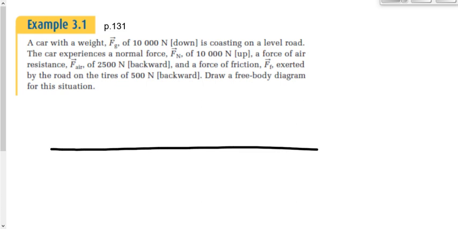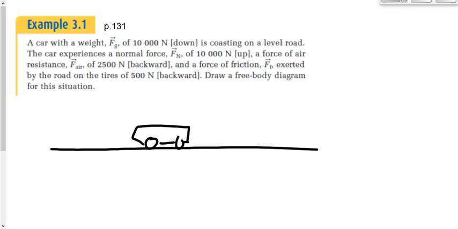Here's my car. By the way, when we draw these diagrams, they don't have to be good in terms of artistic quality. I don't even have to draw wheels on my car, for heaven's sake. I can make it a block or a circle. All I need to do is make sure that I have an object labeled there.